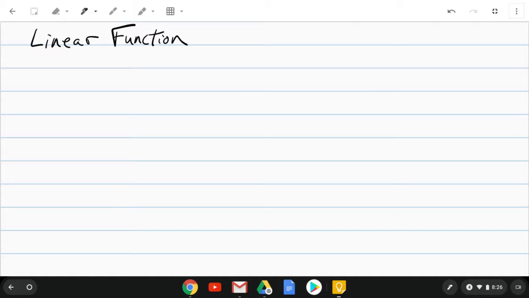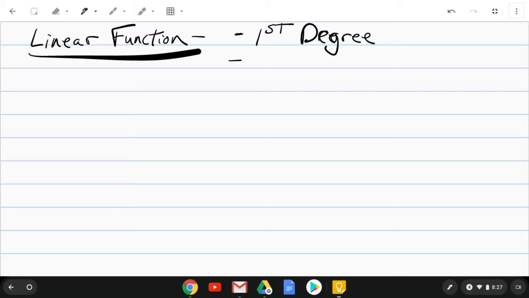So that's a lot of stuff. What is a linear function? It's to the first degree. Yep. What else is it? It's a straight line.